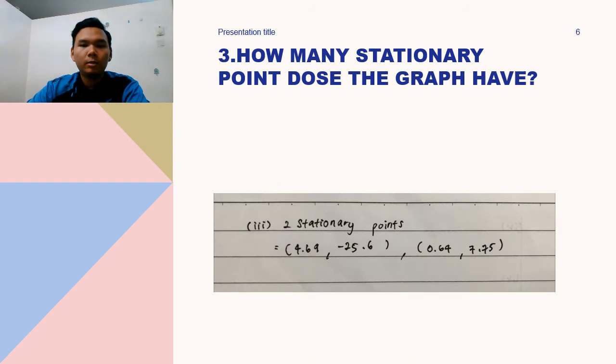For question number 3, how many stationary points does the graph have? The graph has 2 stationary points. The first one is 4.69 and negative 25.6, and the other one is 0.64 and 7.75.